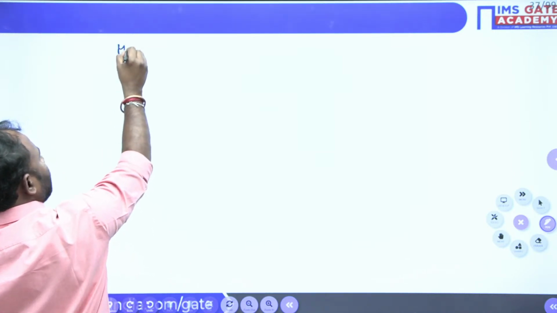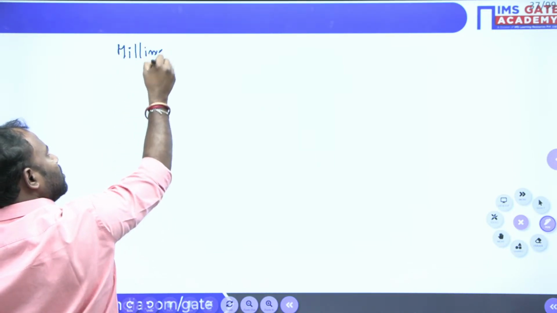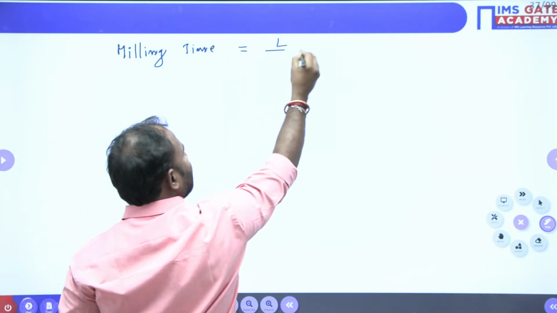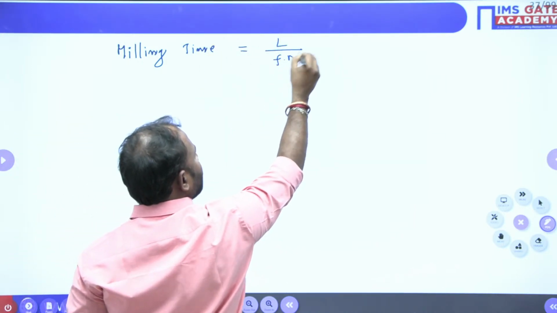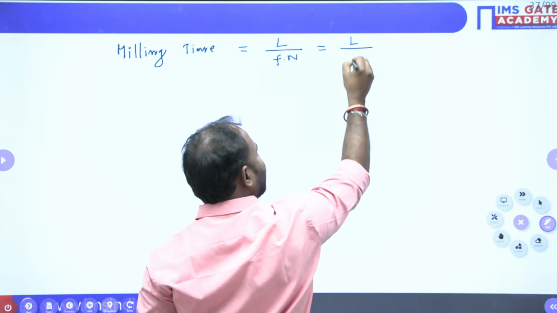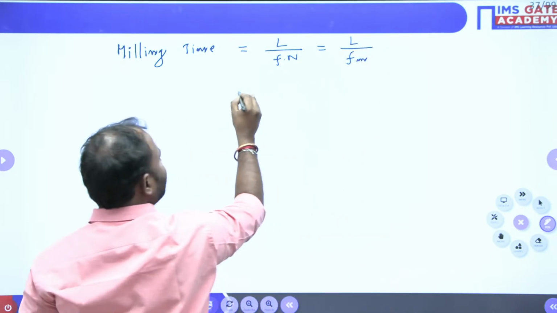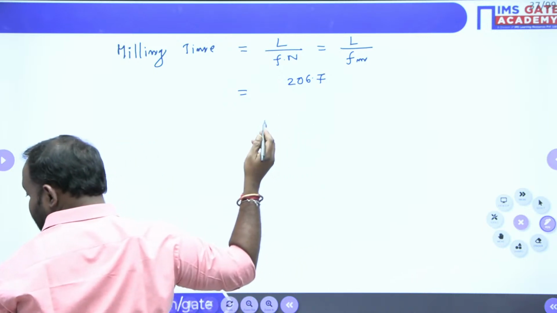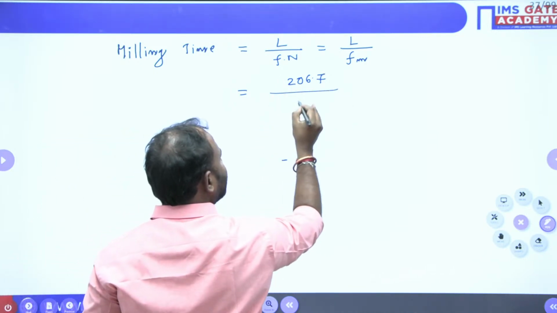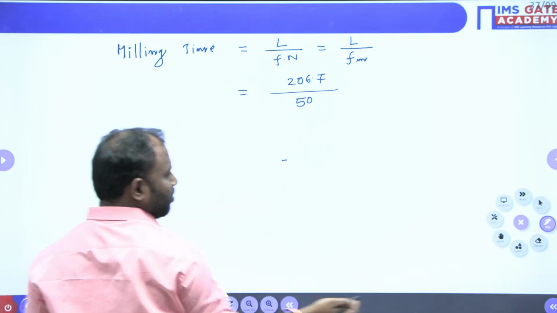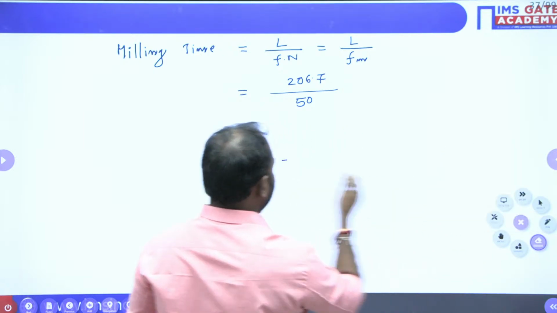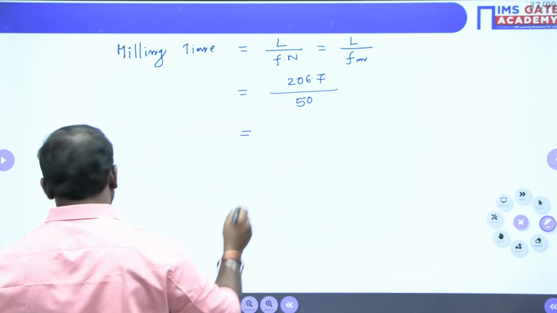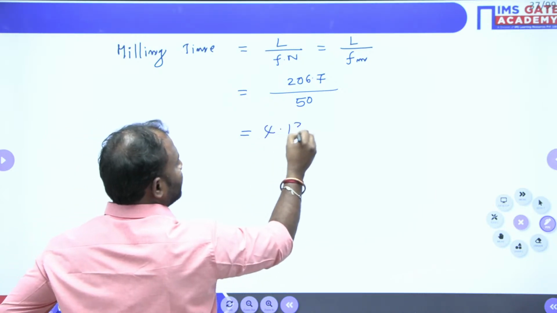Milling time equals L by F into N, or I can directly write L by Fm. So 206.7 divided by the feed velocity, 50. From there I get my milling time equal to 4.137 minutes.